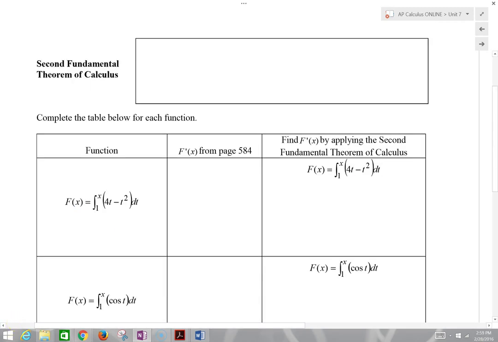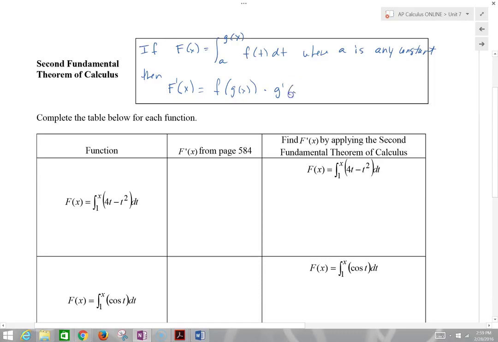It is the chain rule come back to haunt you again. So the second fundamental theorem of calculus says, if F of x is equal to the integral from a to some function g of x of f of t dt, where a is any constant, then F prime of x is equal to f of g of x times, chain rule, g prime of x.